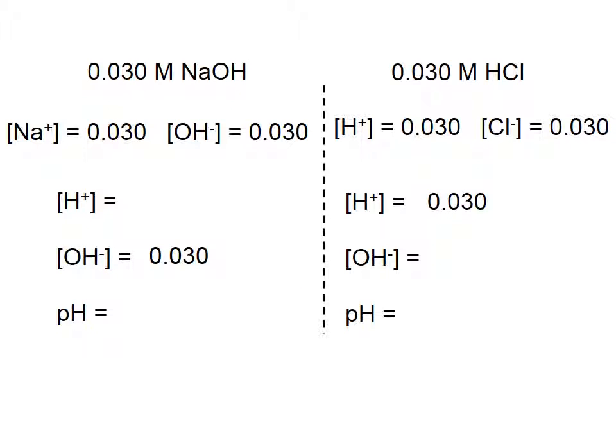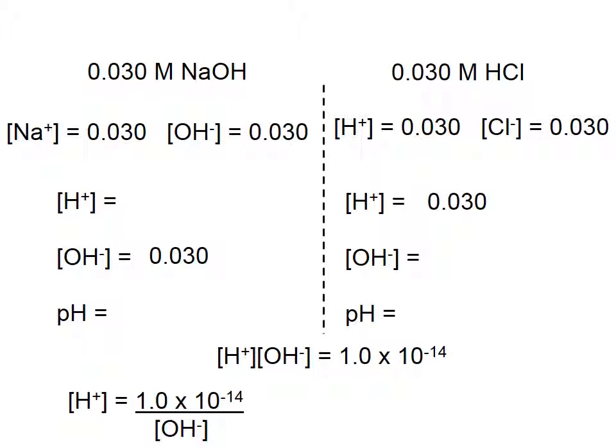Now what we're going to do is figure out the other values. To figure out my proton concentration over here, I'm going to use this equation. To figure out my hydroxide ion concentration, I'm going to use this equation too. I just rearrange it differently. Over here, proton concentration is 1 times 10 to the minus 14 over hydroxide concentration.